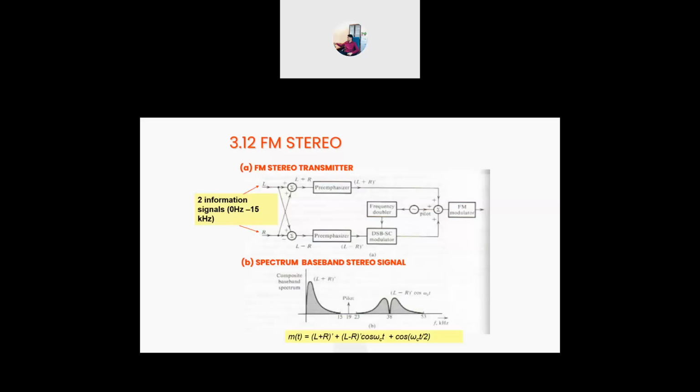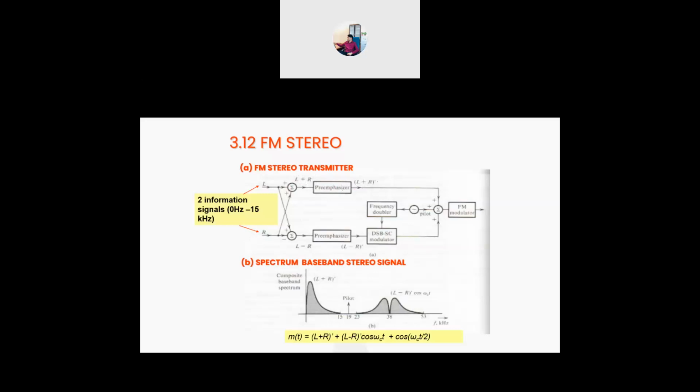Then we go to the summation, or adder, which performs the adding operation. First we have left plus right. Then it goes to the pre-emphasizer and undergoes the pre-emphasis operation.